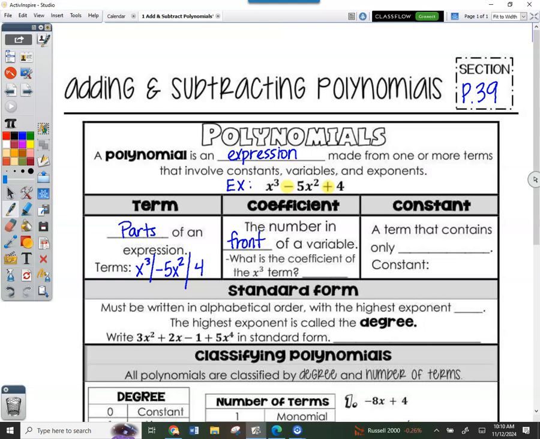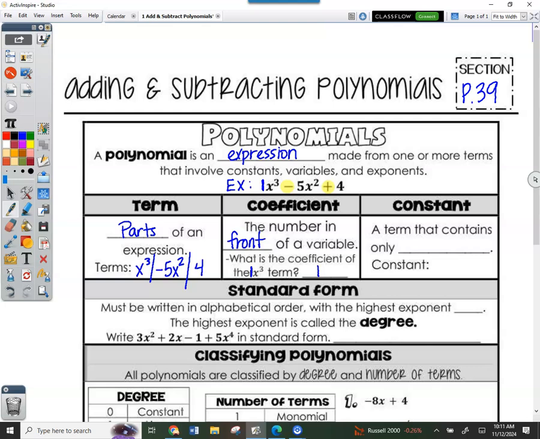There's an understood secret 1 right here. So it's 1. What is the coefficient of x squared? Carry the sign with it, it'd be -5. It's the number in front, okay? Sign included.